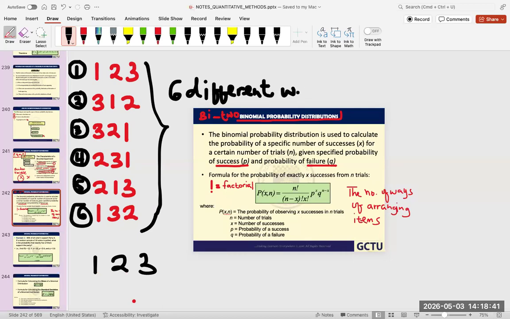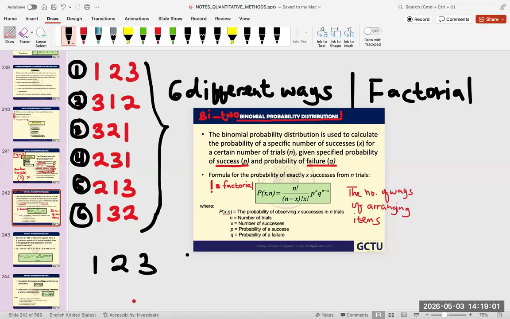When you do that in maths, we call it factorial. And that was why I gave you that definition, that the number of ways of arranging items.